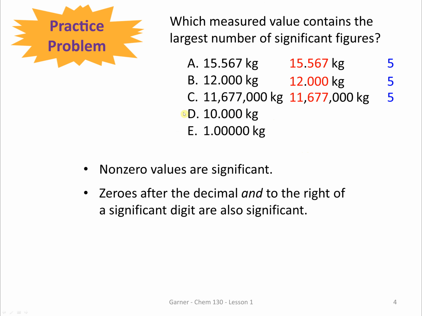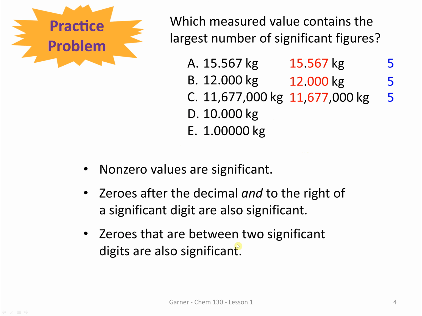All right, in choice D, we need to look at our last rule here, and that's that zeros that are between 2 significant digits are also significant. So if we break down what's going on in choice D, we know that the 1 is significant because it's non-zero. We know that these 3 trailing zeros past the decimal point are also significant because they're to the right of a sig fig, the 1, and they're to the right of the decimal point, so all 3 of those zeros are significant.